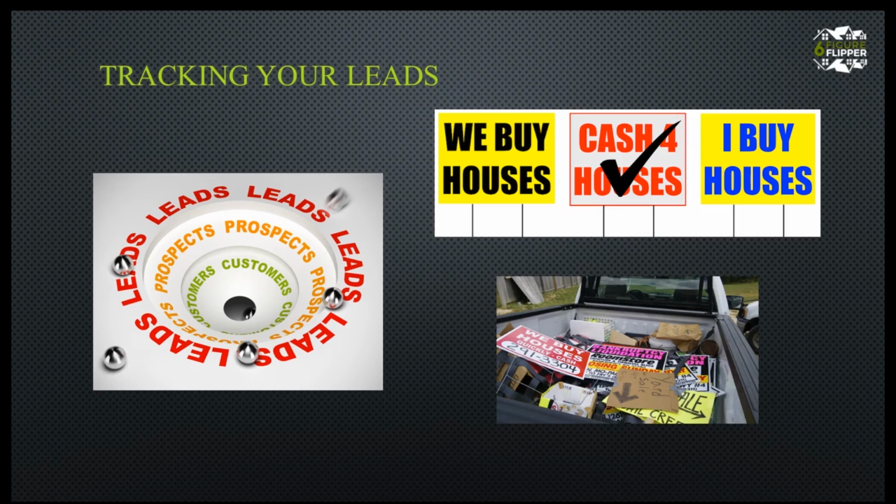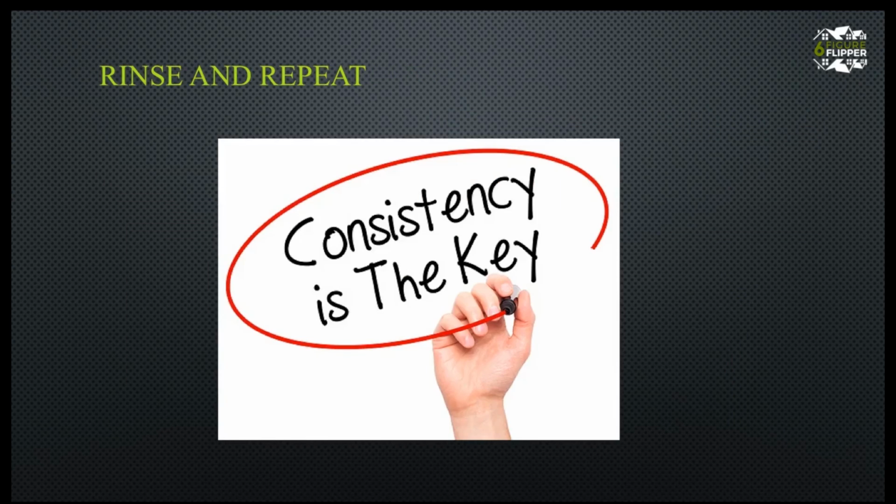So just make sure that you're tracking, and a good rule of thumb is to rotate your areas so you're only posting in those areas, say, every 4 to 6 weeks, and that way you can increase your saturation in other areas as well with your signage, okay?